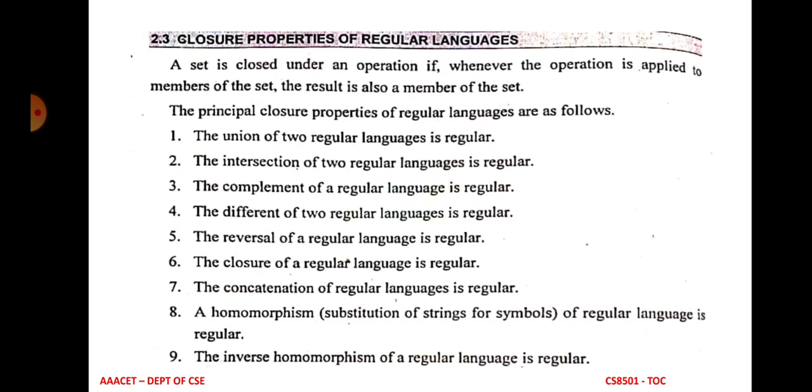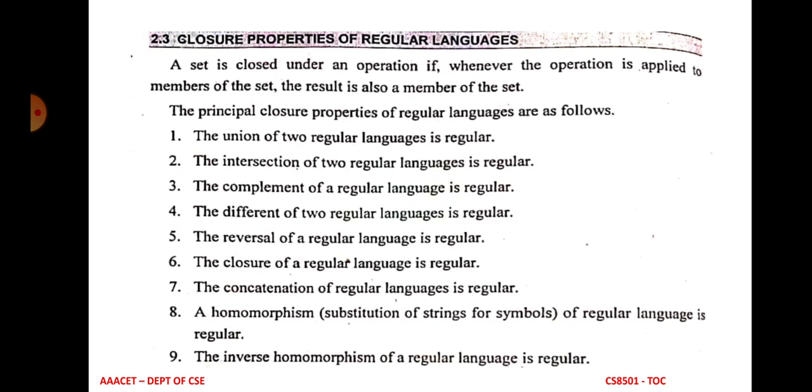So there are 9 closure properties in regular languages: union, intersection, complementation, difference, reversal, closure, concatenation, homomorphism, and inverse homomorphism. An operation is said to be regular in the sense that it is satisfied by a particular finite automaton, and then it is called regular.